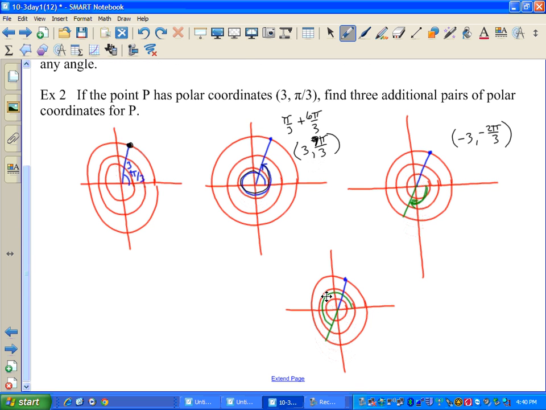A third one would be to go 180 degrees in the positive direction. In radians, I always think of radians more than degrees, this would be 3 over 3, this would be 4 over 3, so 4 pi over 3, and then we just have to make the radius negative 3, so we'd go backwards, and that would also get us to the same point.